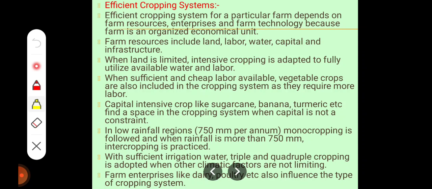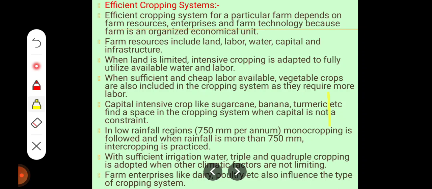Capital intensive crops like sugarcane, banana, turmeric, etc. find a space in a cropping system when capital is not a constraint. In low rainfall regions, below 750 millimeter per annum, monocropping is followed, and when rainfall is more than 750, intercropping is practiced.